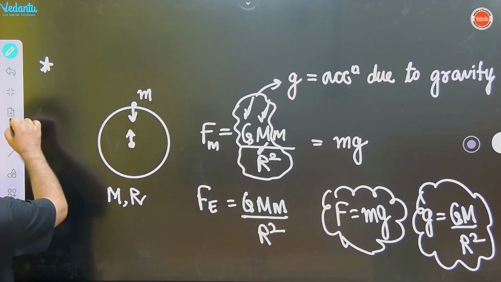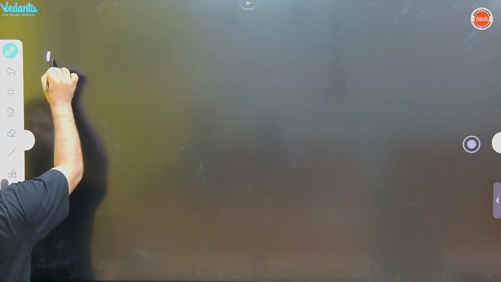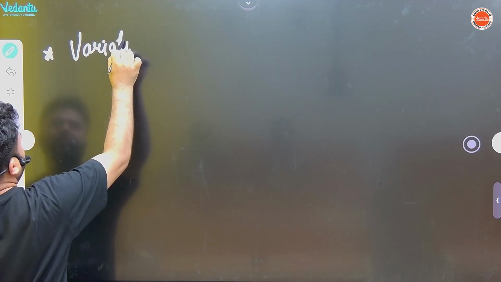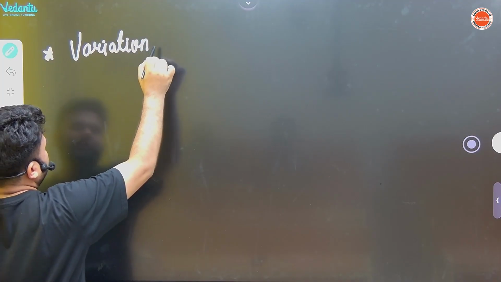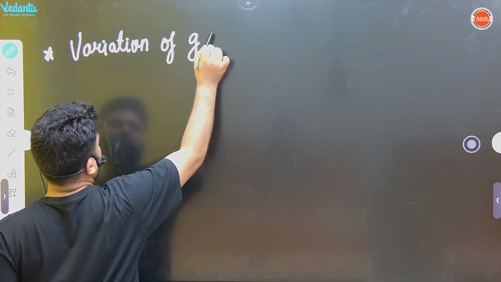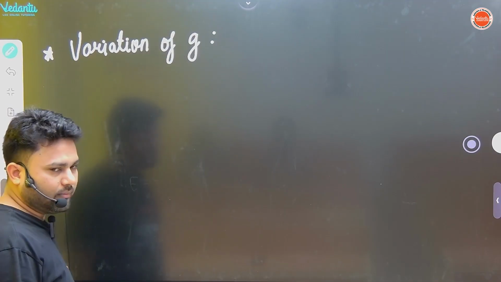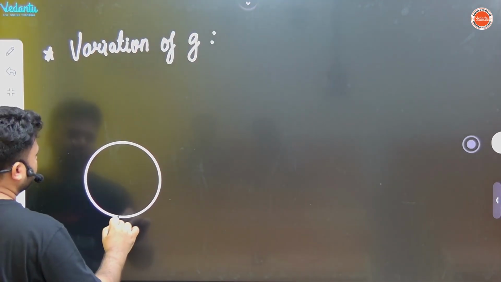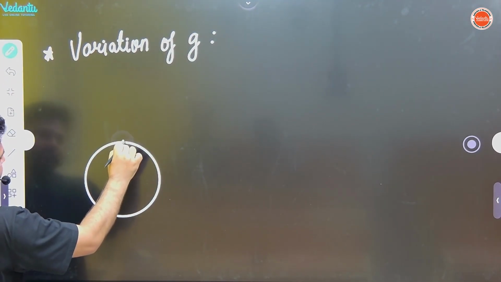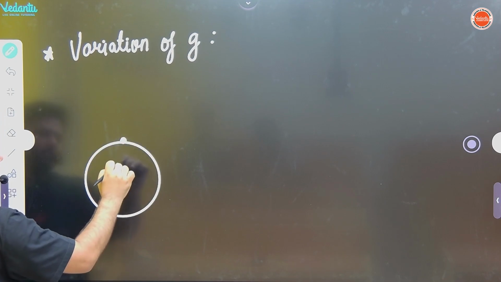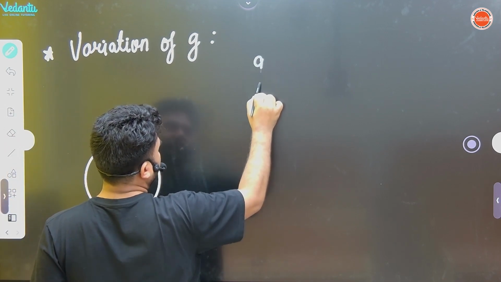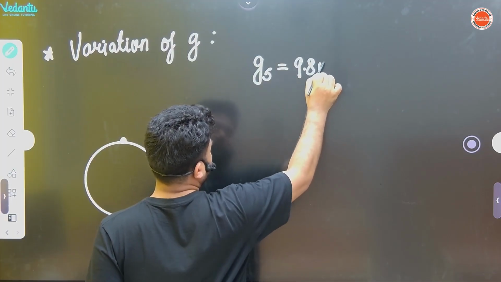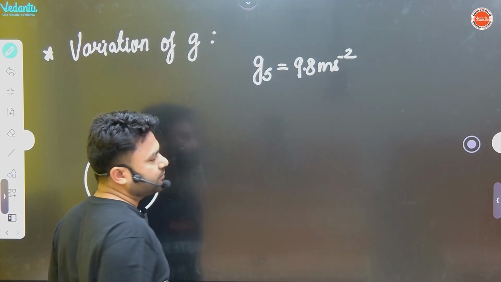Correct. Now see, variation of g. Now this is one of the most important topics from which NEET asks: variation of g. What is this? This is the earth. On the surface of the earth, I am writing g, its value is around 9.8. Correct?